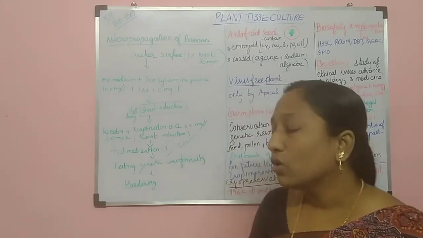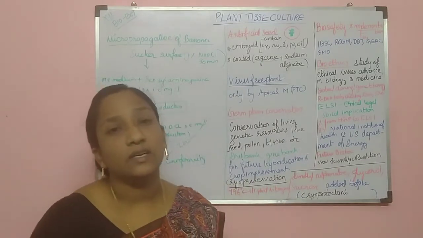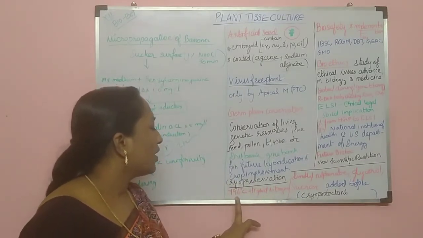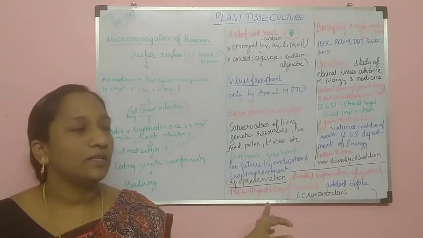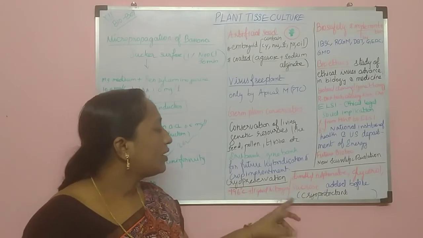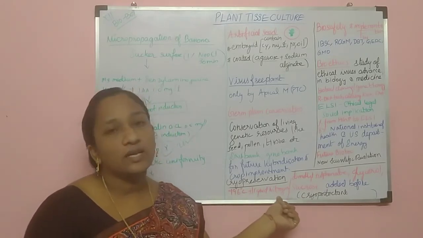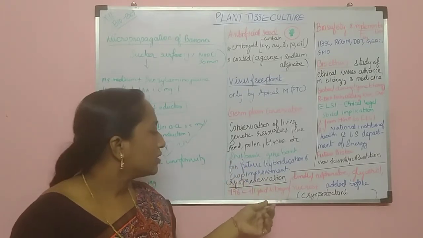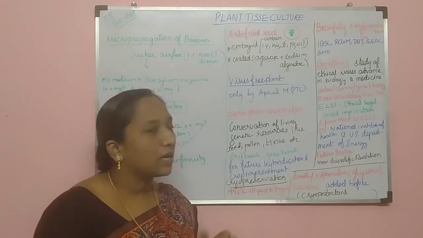In cryopreservation, we are conserving or preserving the genetic material under minus 196 degrees Celsius in liquid nitrogen. This liquid nitrogen is used as fuel for rockets and for some agents. What is the function of this liquid nitrogen?